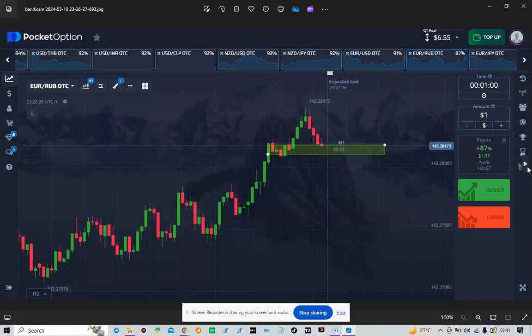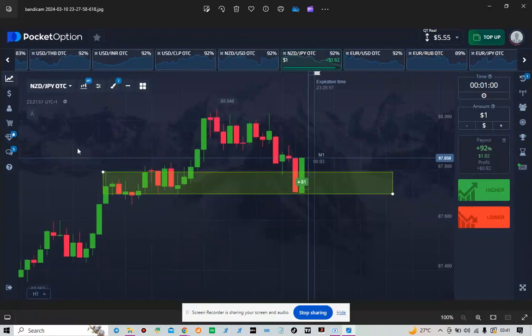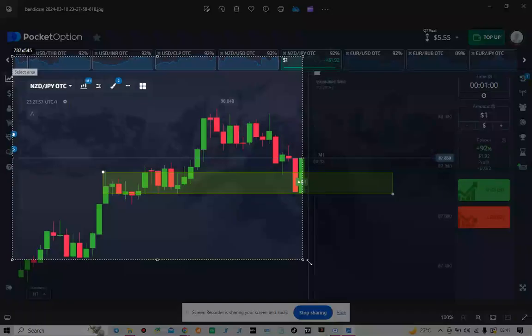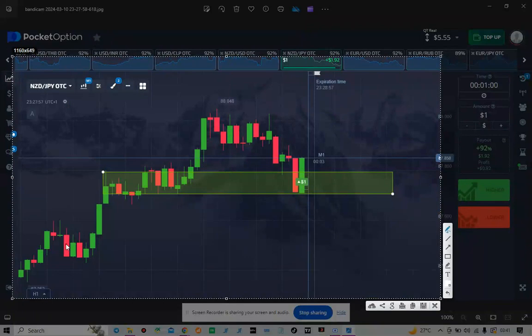So this is the next analysis. What do we have here? We can see after consolidation, buyers entered and moved upside. Then the next consolidation, and buyers moved upside again.